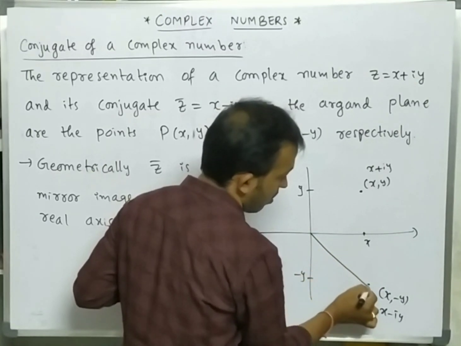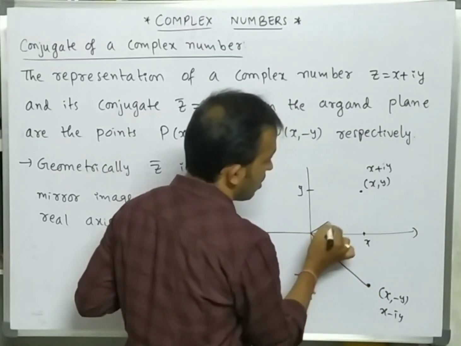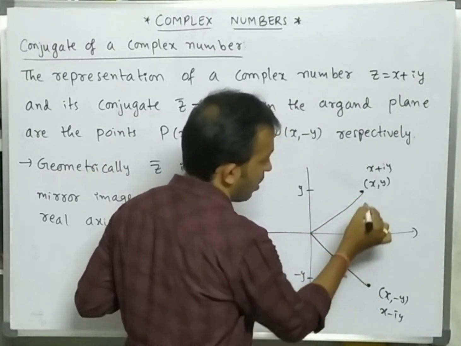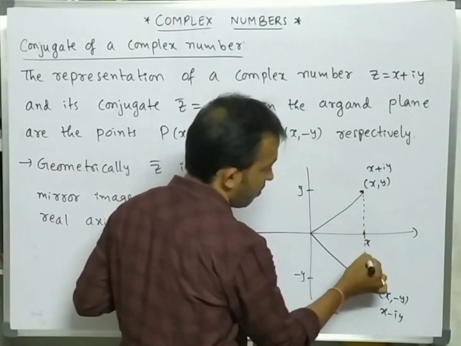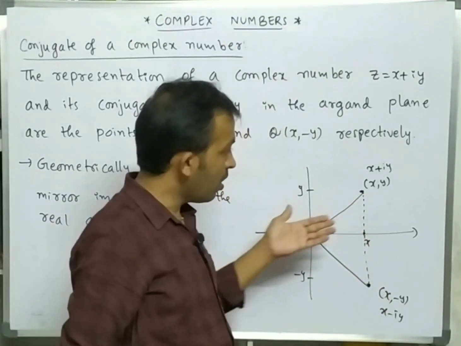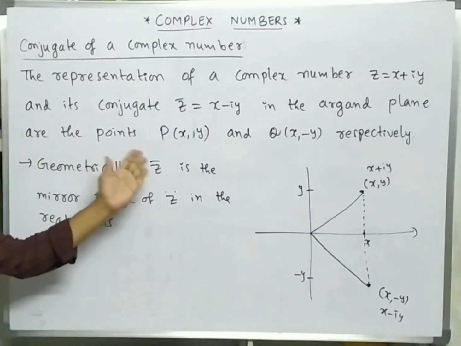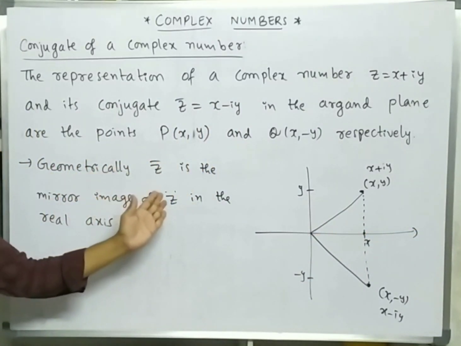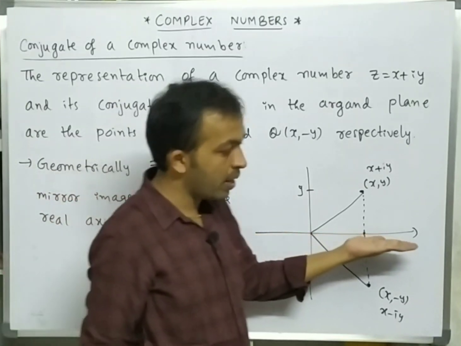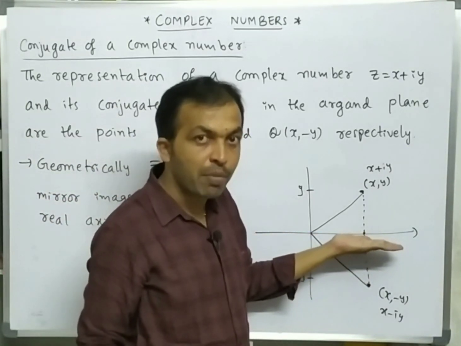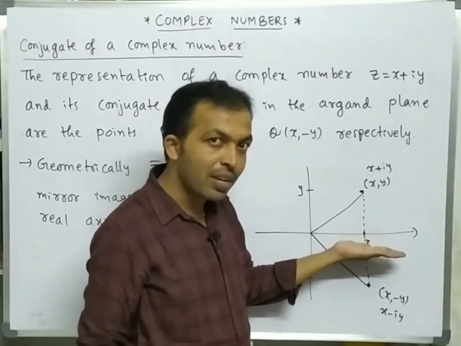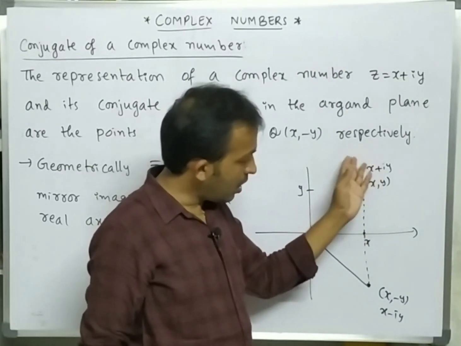So from the origin to the conjugate, this is the point. Observe that geometrically, z bar is the mirror image of z in the real axis. Let us suppose that the real axis is the mirror, then this is the image.